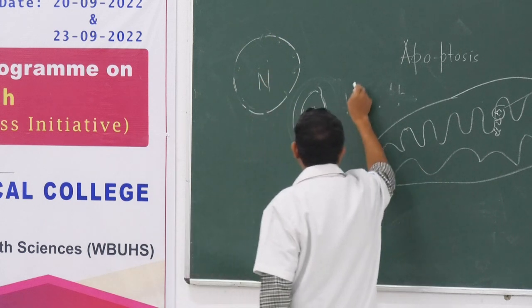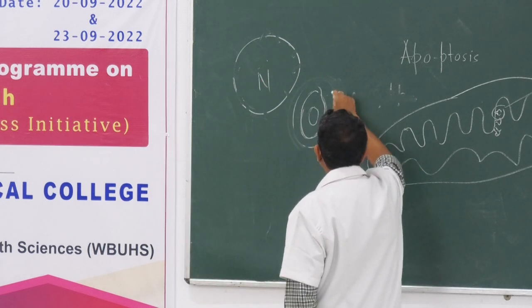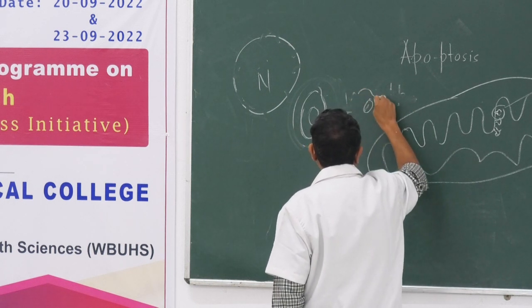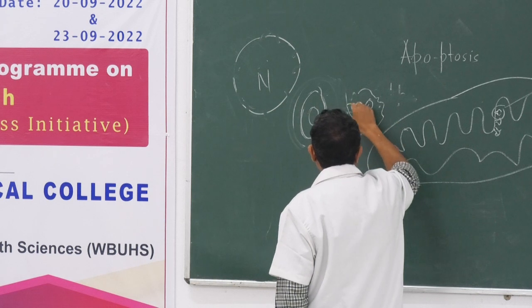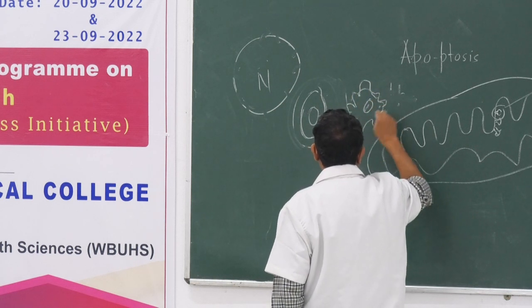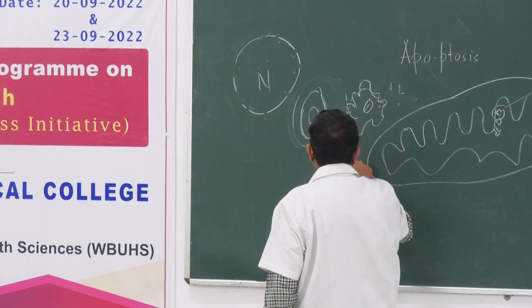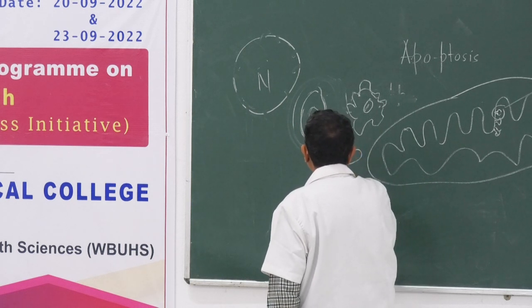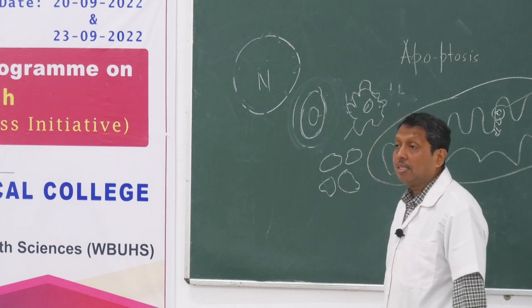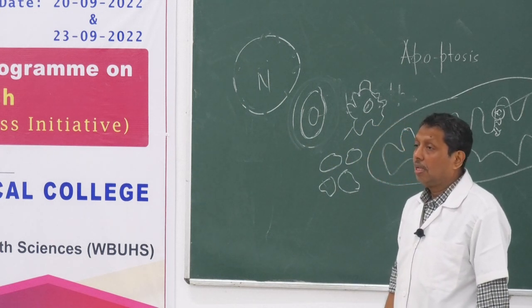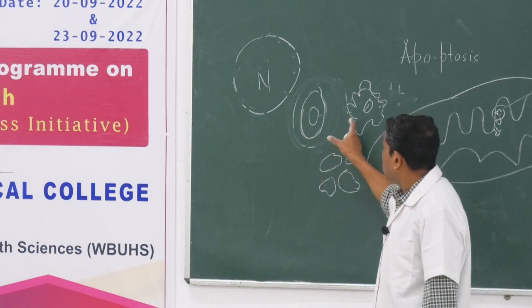But in apoptosis, the cell undergoes nuclear condensation and also cytoplasmic condensation, and there is bleb formation, and they split into particles. These are called apoptotic bodies, and they are engulfed by phagocytes, neighboring cells, or professional phagocytes. They will not rupture, they will constrict.